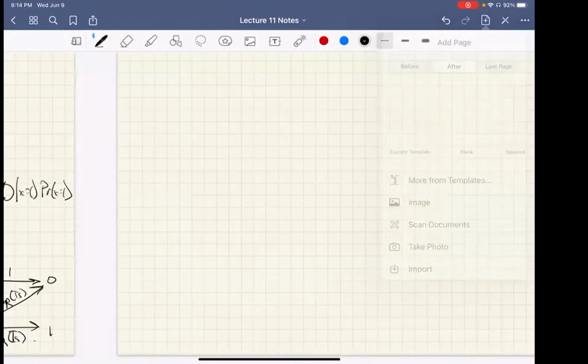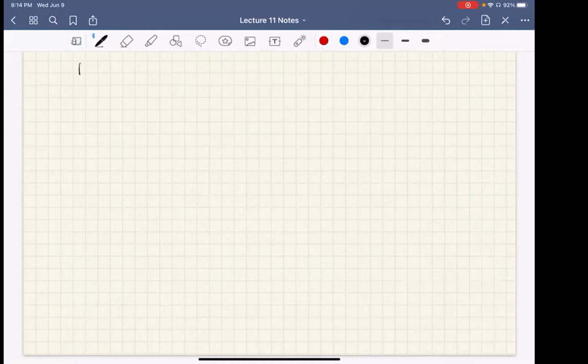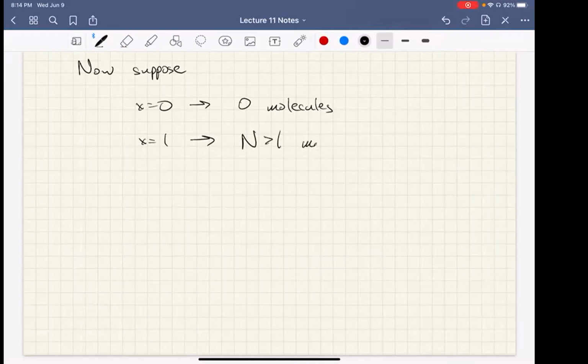Think about another case. Suppose if x is 0, I send 0 molecules again. If x equals 1, I send n molecules, more than 0, more than 1 anyway. Now what?